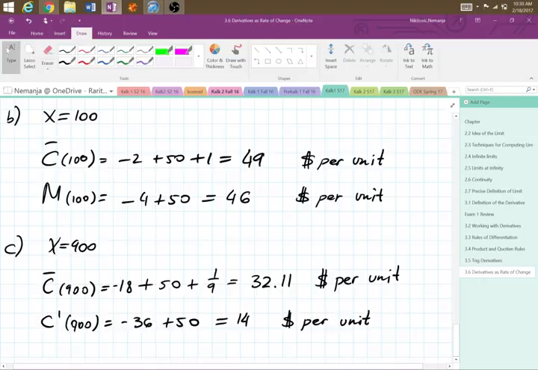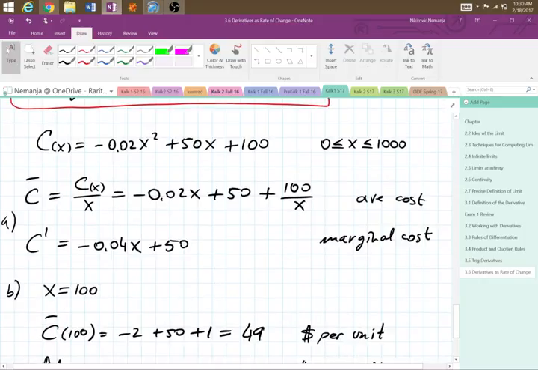You can actually just look into the equation and see how much it costs you to make the first unit. Well, to make no units, what's the cost to set up the production? 100 bucks, right? Because if I'm making no units, that's not there, that's not there, it's just this term.